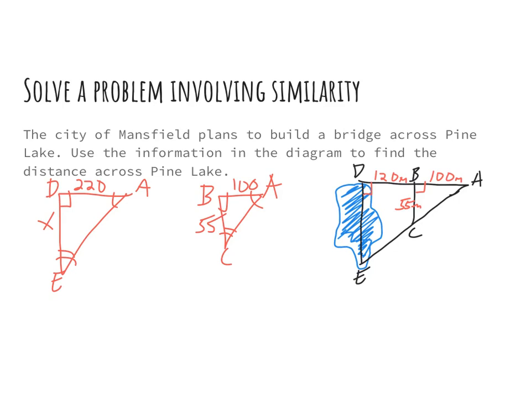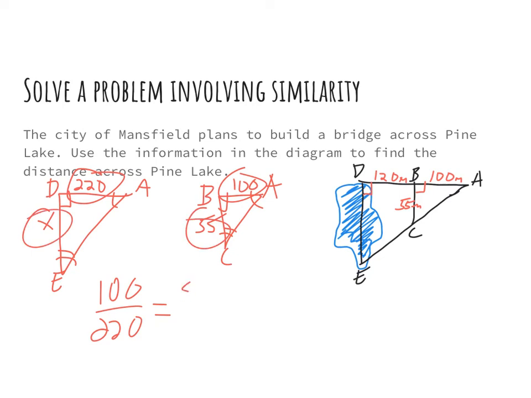So what I can do is use a proportion. If I use the corresponding sides, 100 over 220, that should be equal to these corresponding sides, 55 over x. To solve that, I would cross multiply. 100 times x is 100x. 55 times 220 is 12,100.